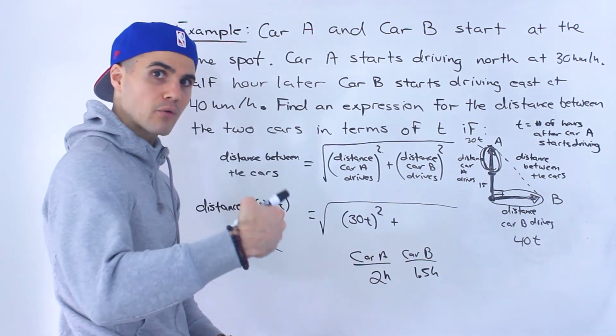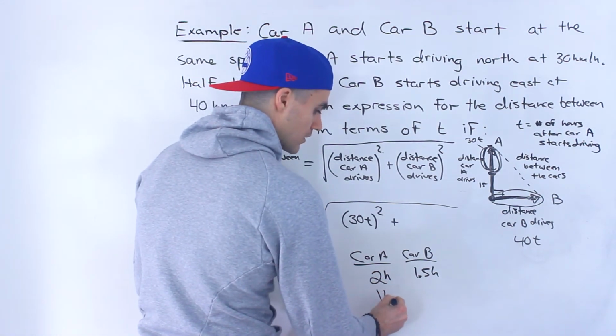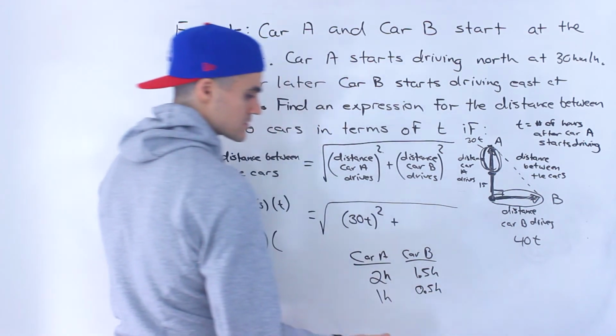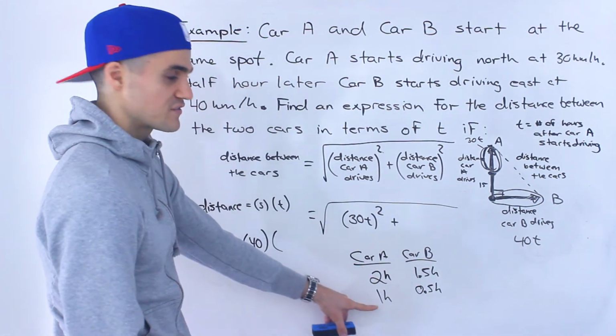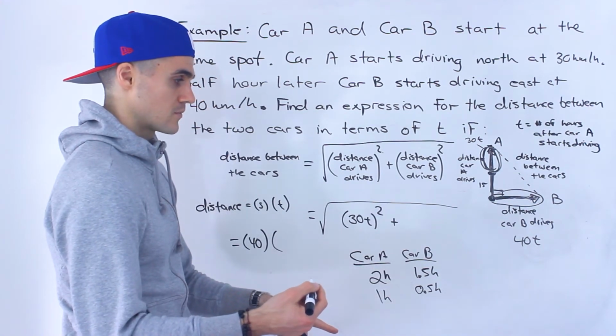Because it starts half an hour after car A starts. If car A drives 1 hour, then car B has driven 0.5 hours. If car A drives 5 hours, then car B has driven 4.5 hours.